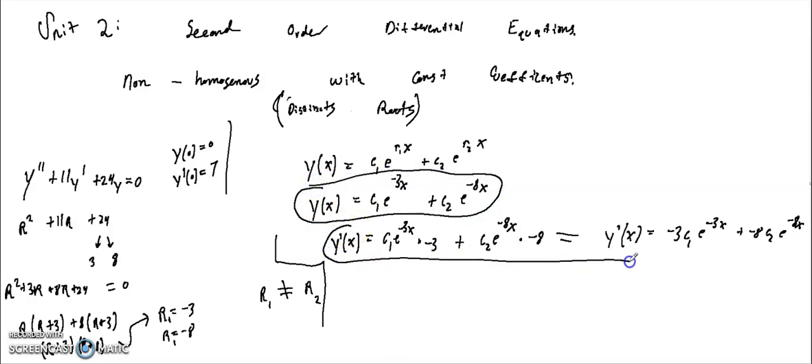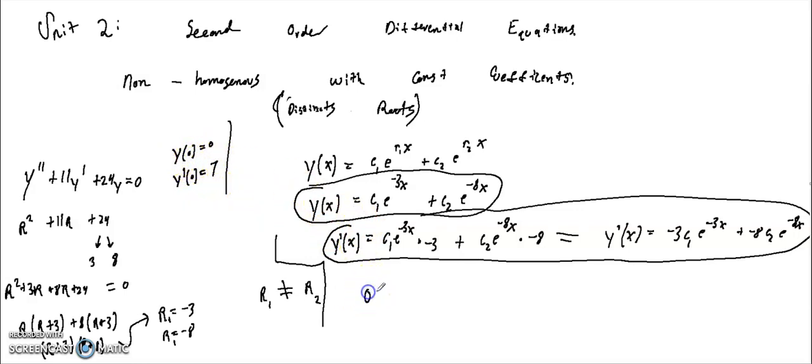And we can use these to find c1 and c2. So first let's plug in y of 0 equals 0. So we got 0 equals c1 e to the negative 3 times 0 plus c2 e to the negative 8 times 0. We just got 0 equals c1 times 1 plus c2 times 1. So we get c1 equals negative c2. Now for y prime, we get 0 and 7.